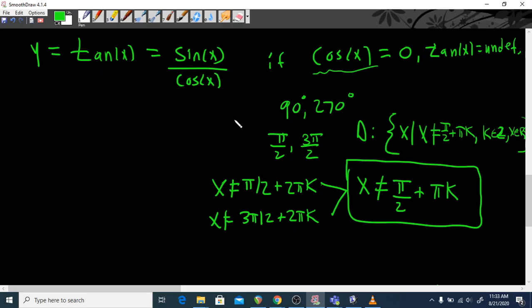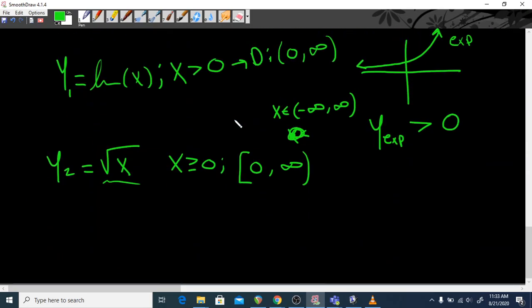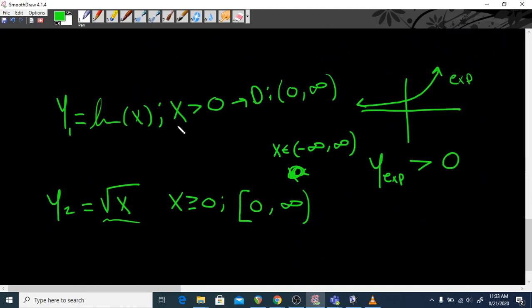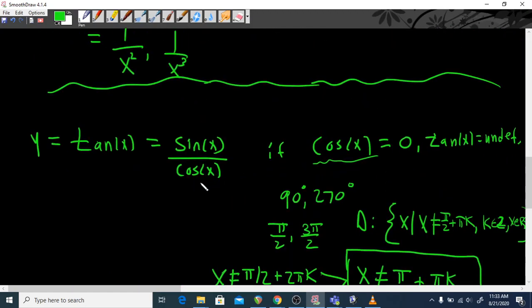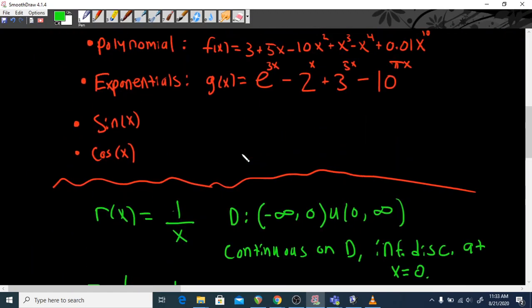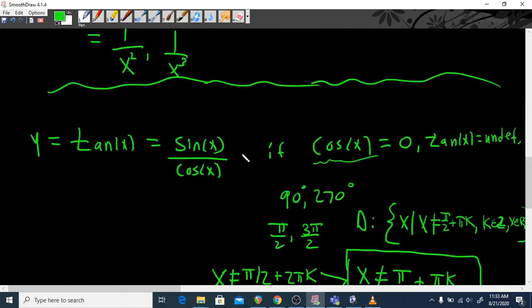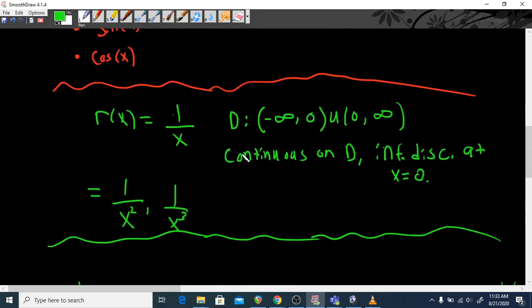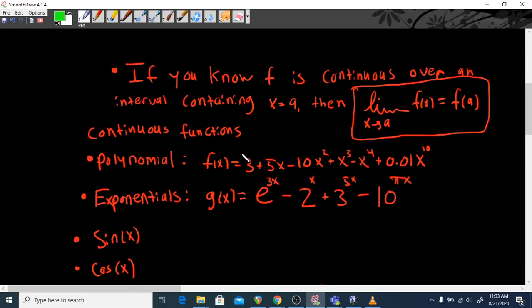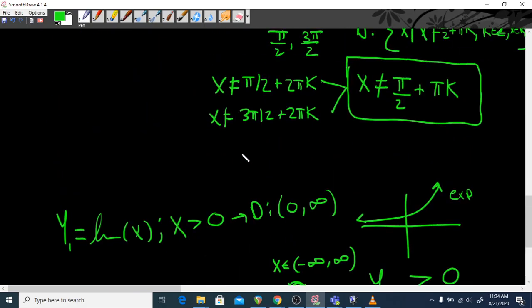And this is really all we have to think about. Is there a logarithm? It's got to be bigger than 0. Are there any even roots? It's got to be 0 or bigger. And is there any opportunity for division by 0? Otherwise, everything is continuous always, if none of those things apply.